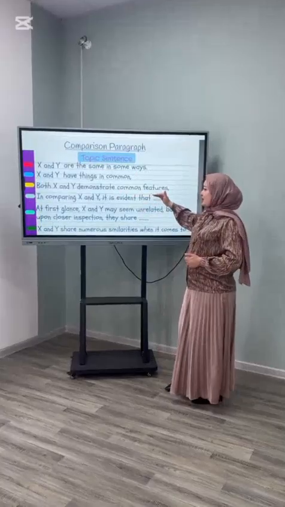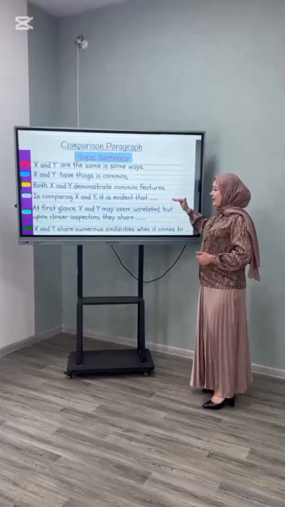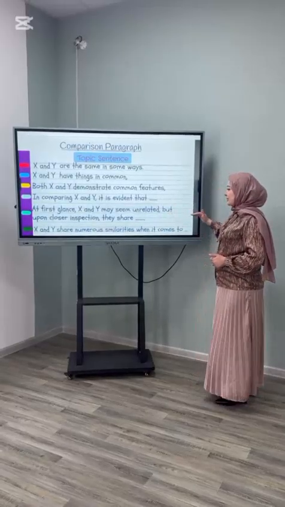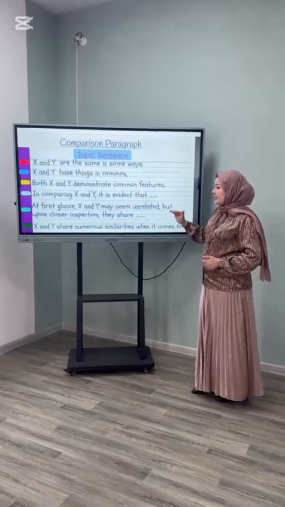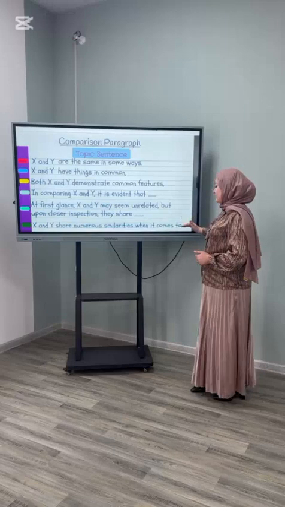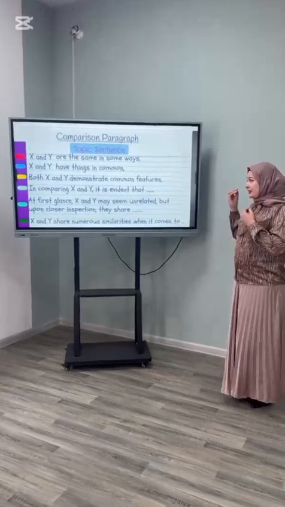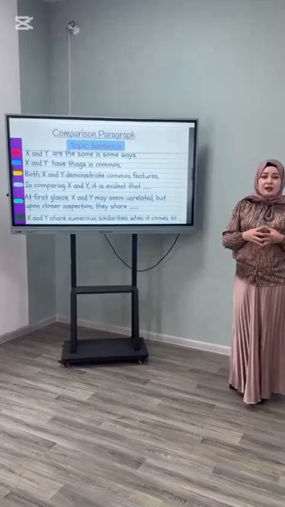Both x and y demonstrate common features. In comparing x and y, it is evident that at first glance, x and y may seem unrelated, but upon close inspection, they share similarities. X and y share numerous similarities. All these examples, or sentences, can be used for organizing well-structured comparison paragraphs.